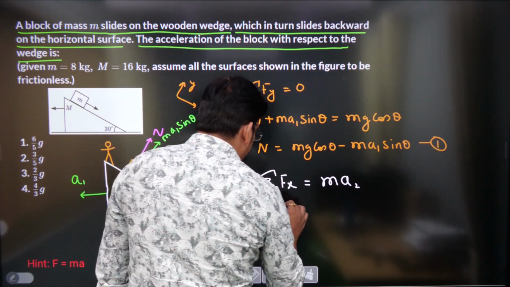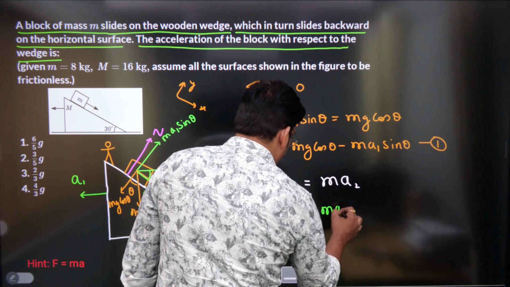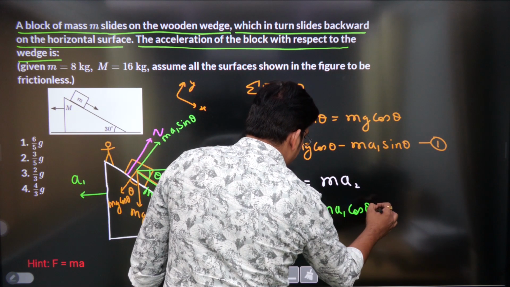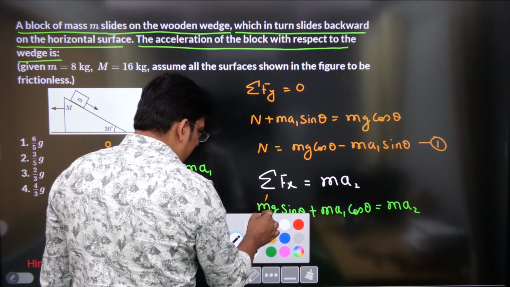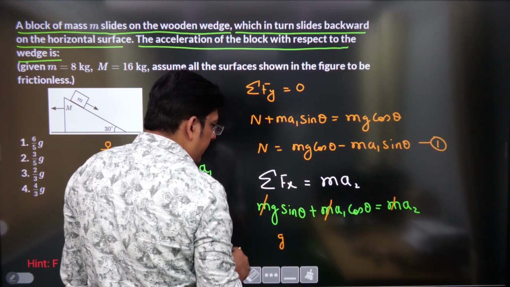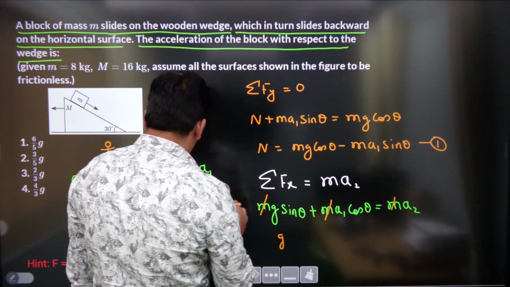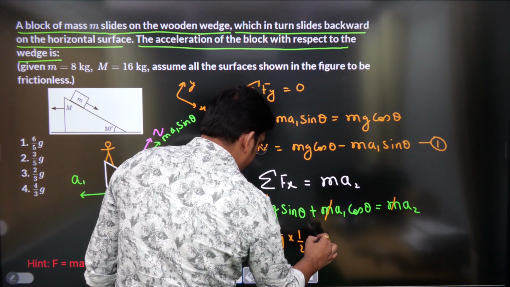Now mg sin theta plus ma1 cos theta is definitely equal to ma2, dear students. I would like to cancel m from everywhere here. So we have an equation now, g sin theta. Let us put the value of sin theta also. Theta is 30 degrees in the question, so sin theta would be 1 upon 2.